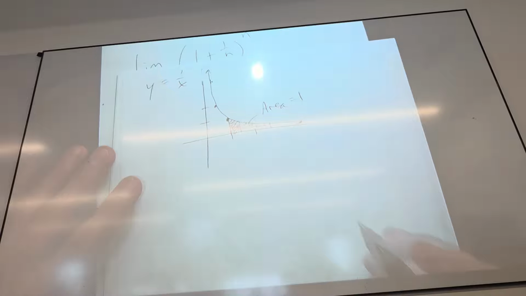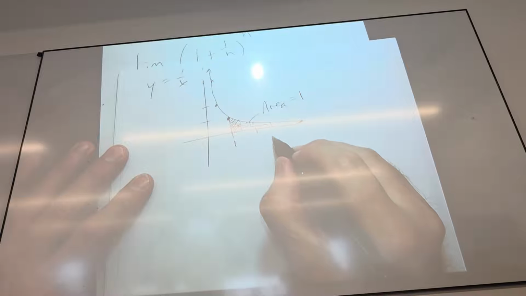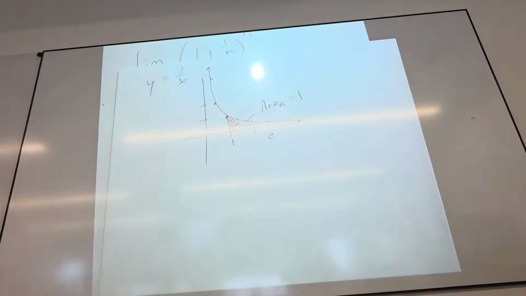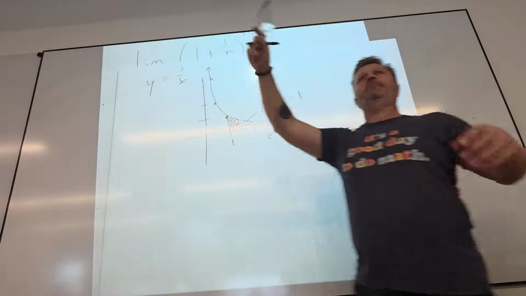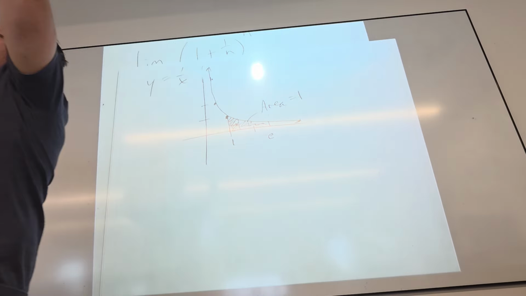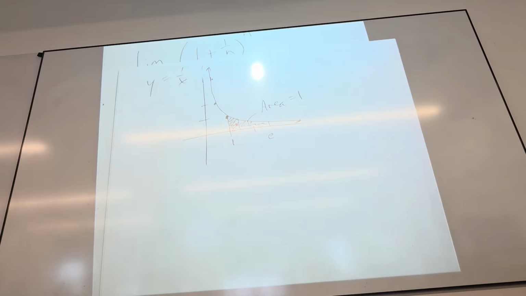And the answer is, if you start at 1, you go up until you hit e. If you stop at e, that area will be exactly 1. When you get to calculus, this will be even more impressive because you'll understand how to find the area and what the area means. But at the moment, it's a nice visual idea.